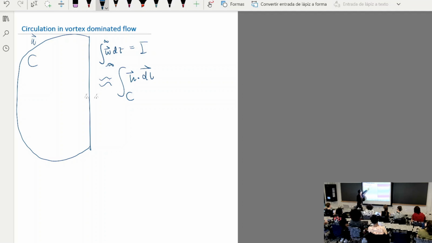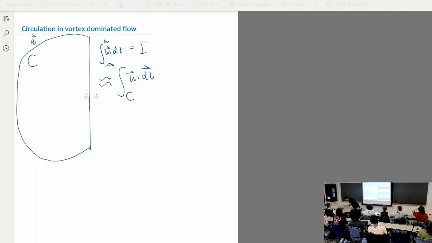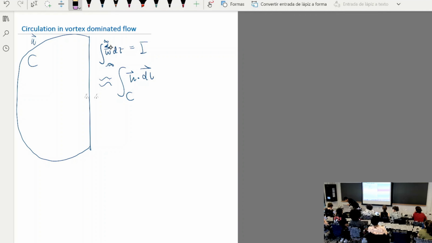Here we are using the vertical velocity because this line is vertical, so this is just a w, not a vector. w is the vertical component of the induced velocity. It is actually equal to u dot dl if the dl is in this direction.